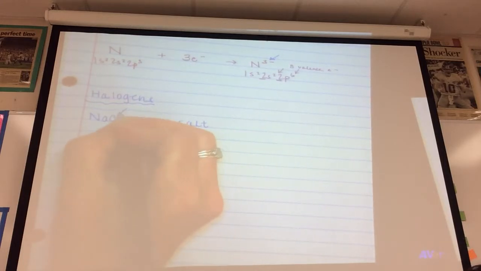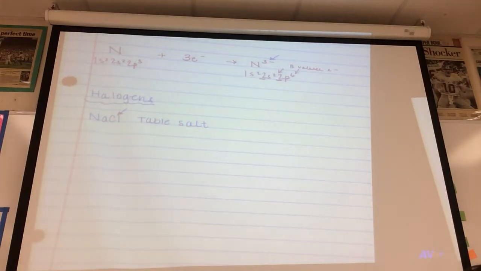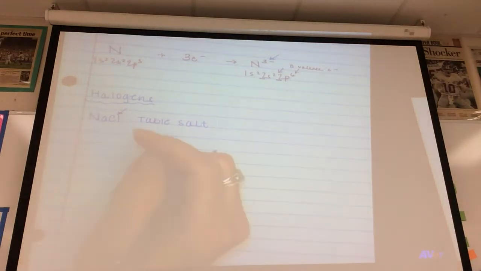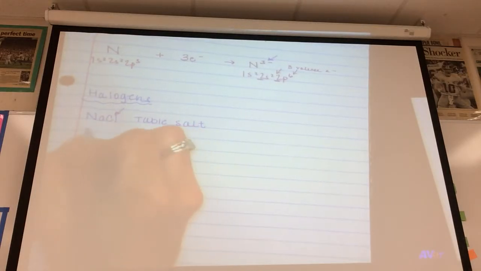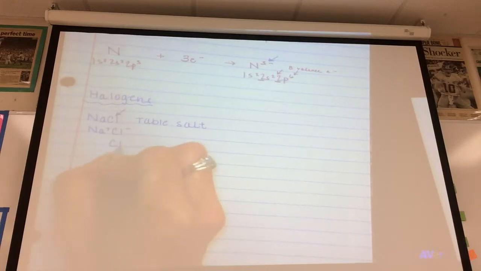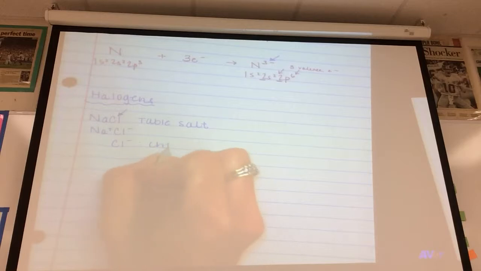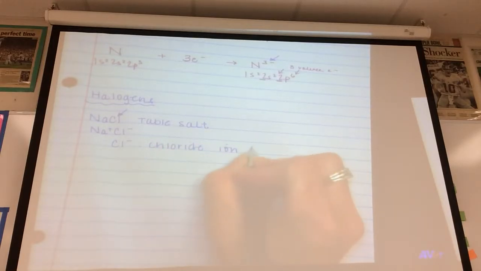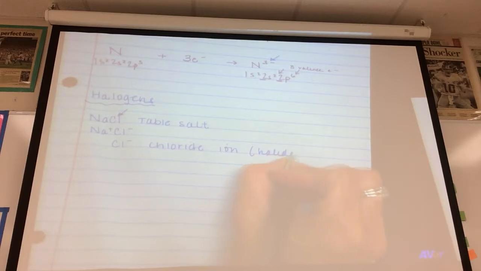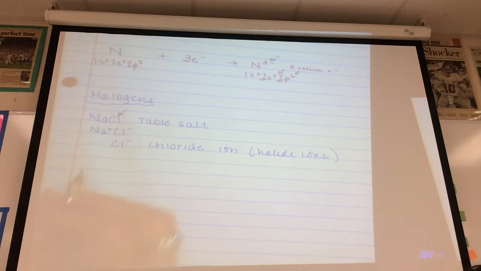So from group 17 and from group 1, we say, for example, this is an ionic compound, and Cl- is chloride ion, which is one of the halide ions, and your lab will deal with different halide ions.